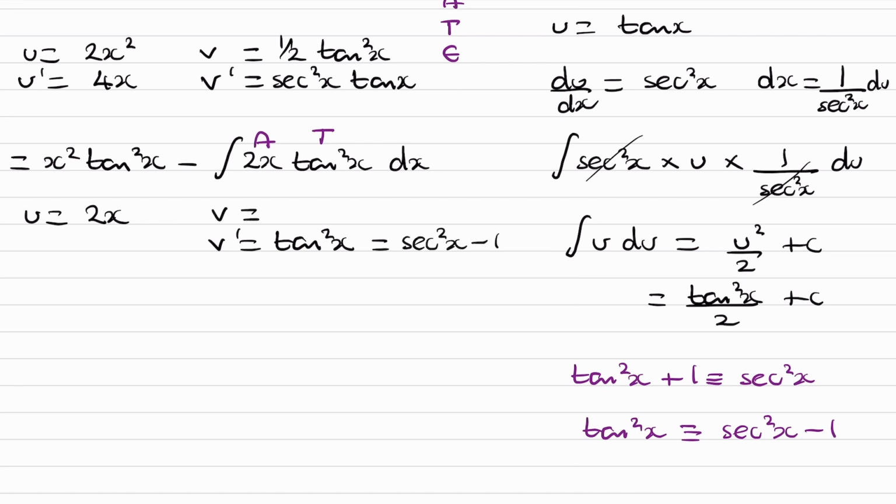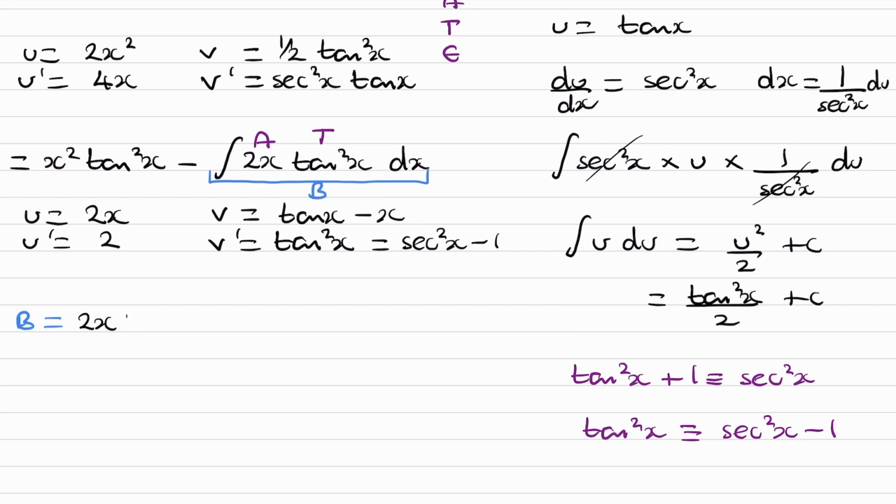We can now integrate that. Sec squared x just integrates to make tan x, and the minus 1 integrates to make minus x. Differentiate this, that gives 2. Okay, so let's just call this thing here b. So b is then equal to, so u times v, 2x times, I'll expand this out right now, 2x times what we have here.